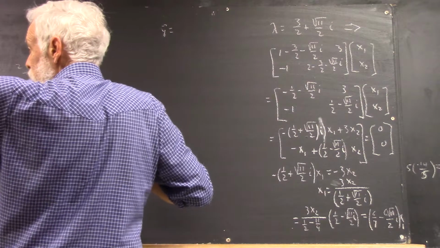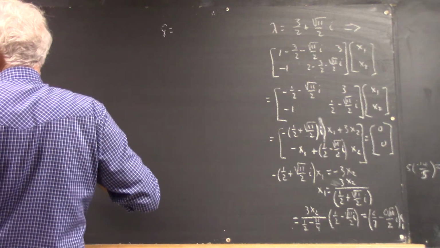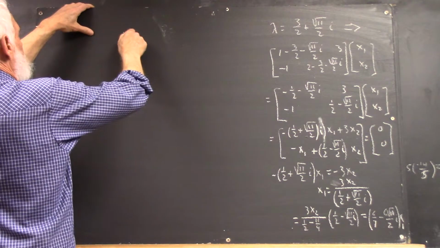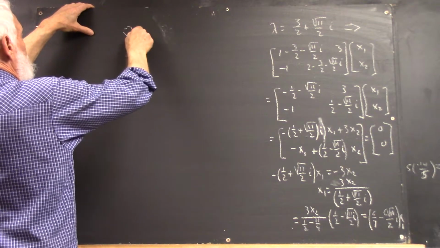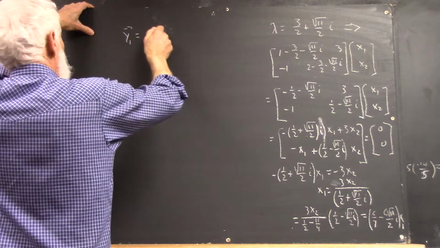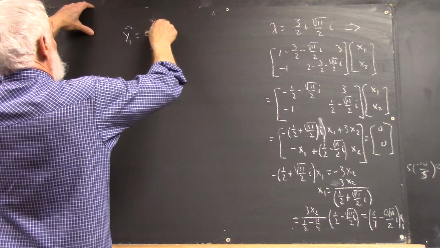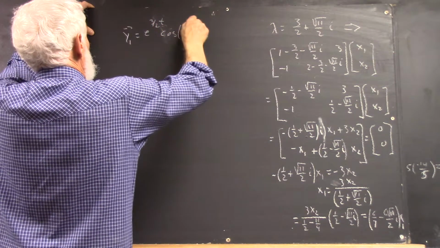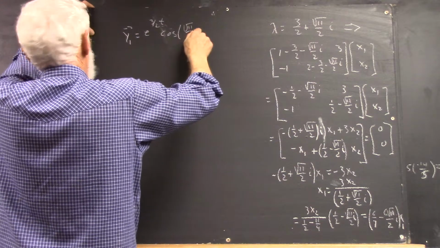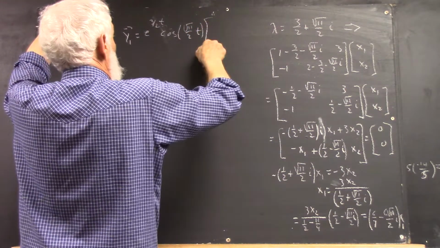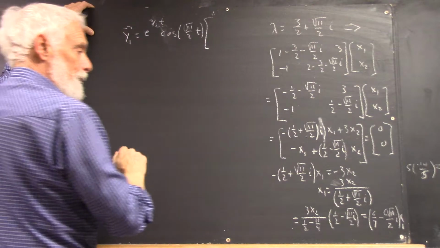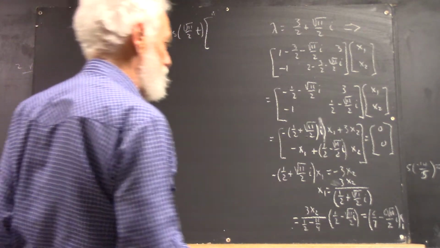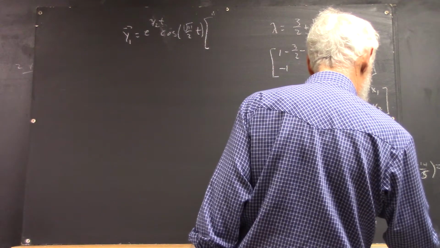I didn't leave myself enough room. Let's try to do this neatly one time, get it right. It's going to be e to the 3/2 t times the cosine of the square root of 11 over 2 t, multiplied by the column vector. And this is x2 over here, not x1.